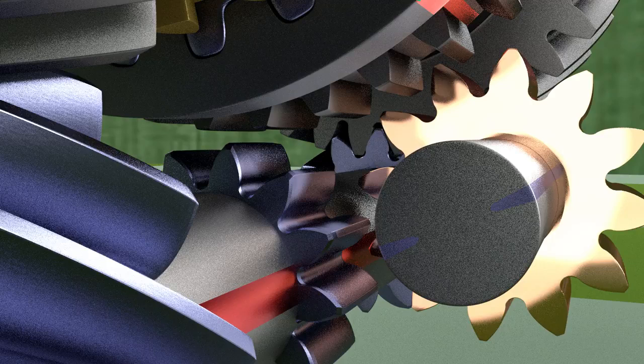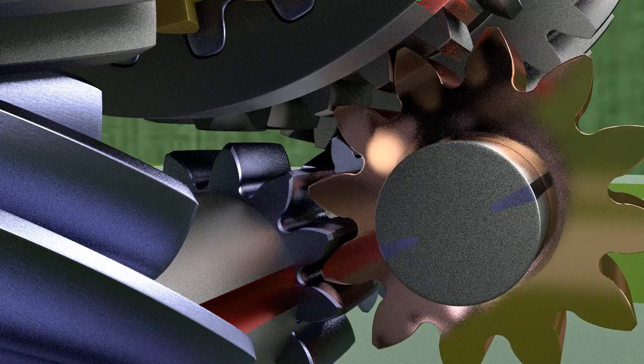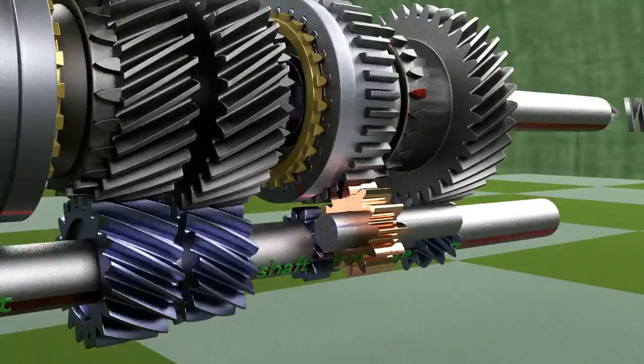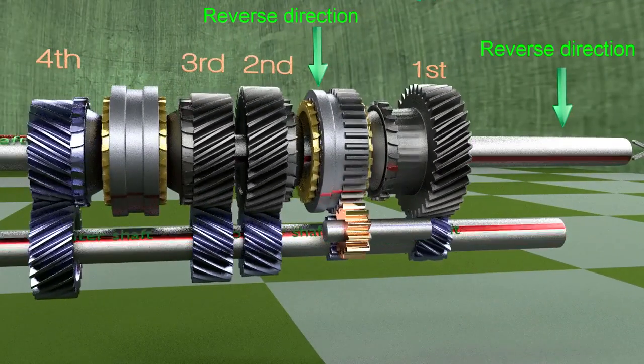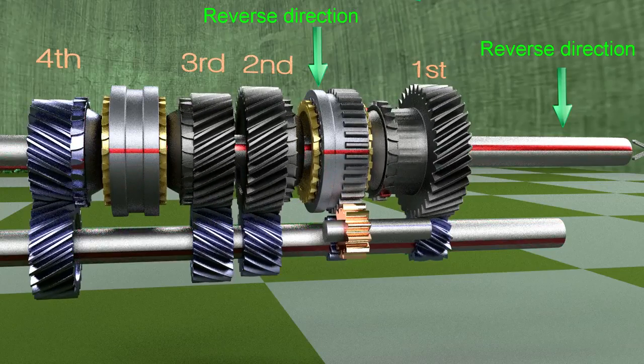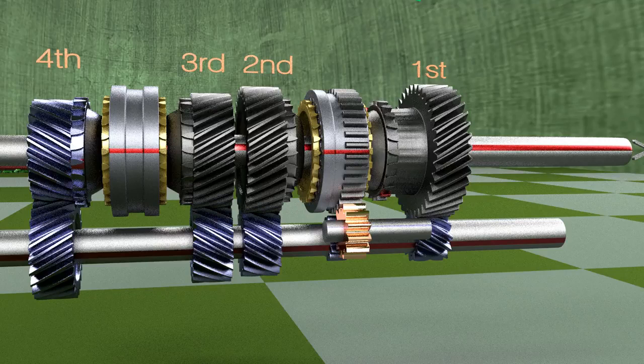When reverse gear is required, the gear on the counter shaft and that on the shift sleeve are connected by shifting the idler gear. And thus, the output shaft rotates in reverse direction. Reverse gear is not synchronized, thus the vehicle has to be stopped before applying the reverse gear.